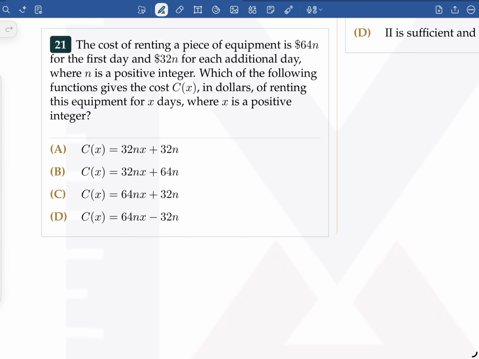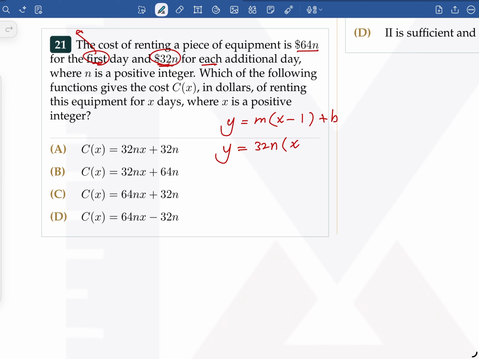When you see an amount of money, for example, for the first day, and then another amount for the additional days, you can write the equation like this. y is equal to mx plus, instead of mx plus b, m of x minus 1. Because for the first day, we have some kind of calculation, and for any additional days, we have something different. So here, we can write y is equal to m for the word each. And each here is this number, 32.